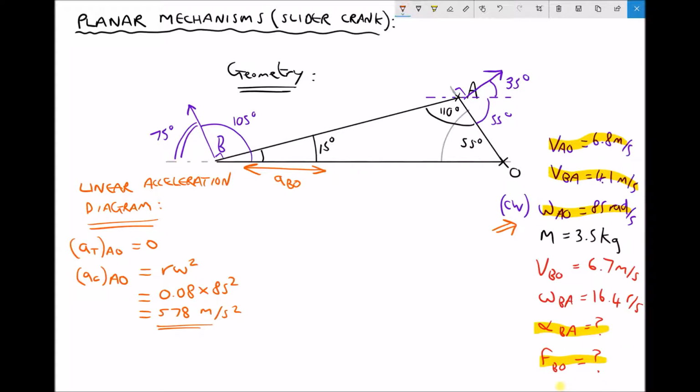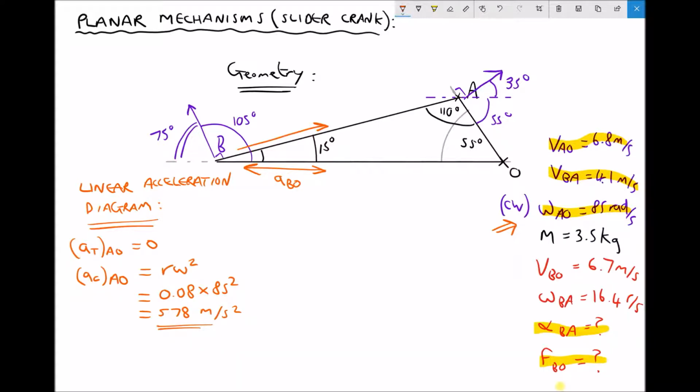Next we come on to the linkage AB, and we need to determine the acceleration of B relative to A. Now in this instance there's two different accelerations. There's a centripetal acceleration acting back towards the origin. The centripetal acceleration is going to point back towards A. It points back towards the centre of motion.